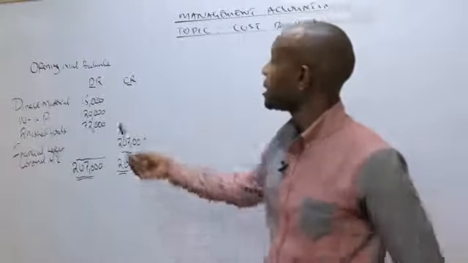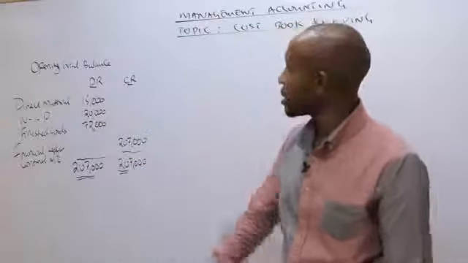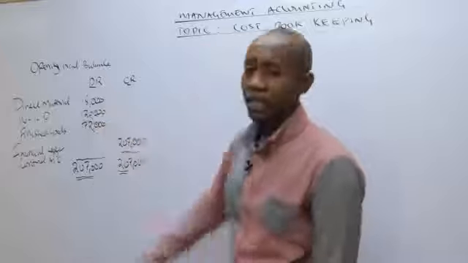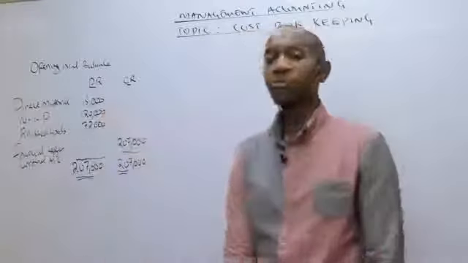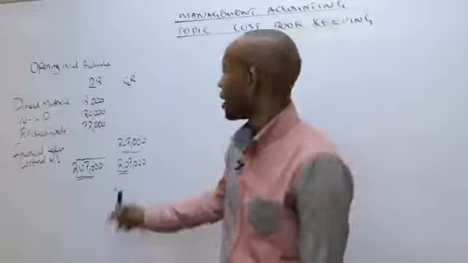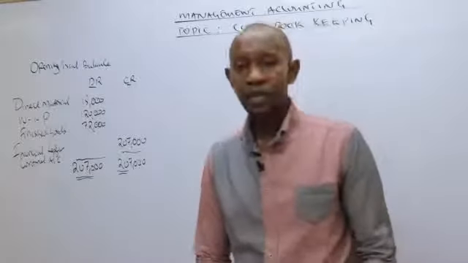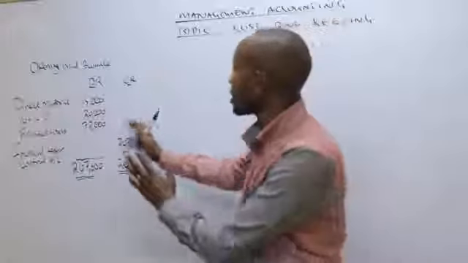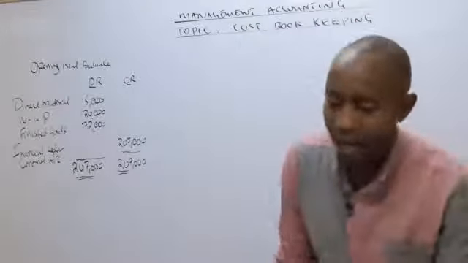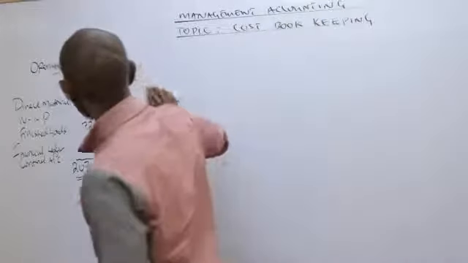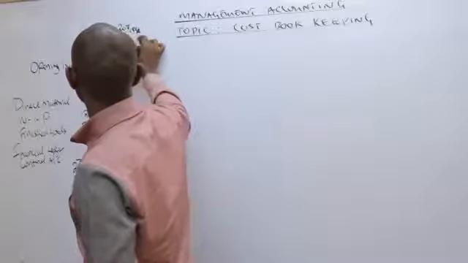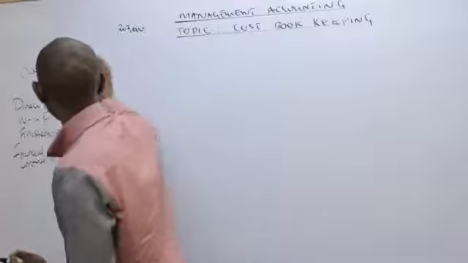So let's now write up opening balances in all these accounts. We have an account for material, an account for work in progress, an account for finished goods, and an account for the financial ledger control account. Have these accounts and then get the opening balances in each one of them. Let me wrap this so that I have enough space to write that. I will remember that we had a 207.